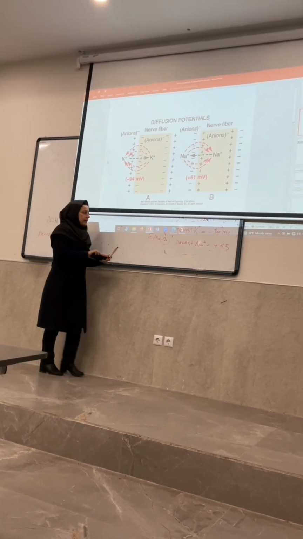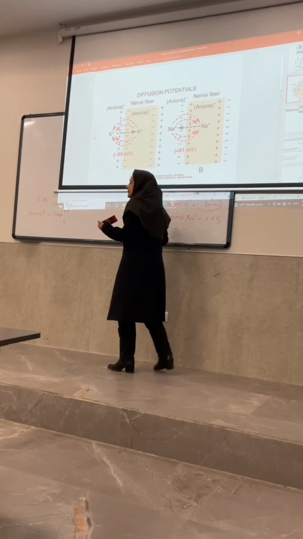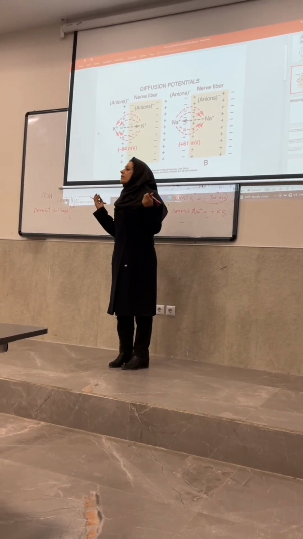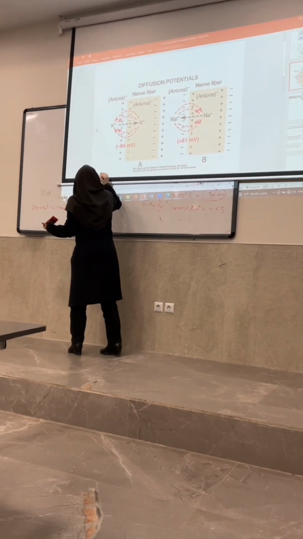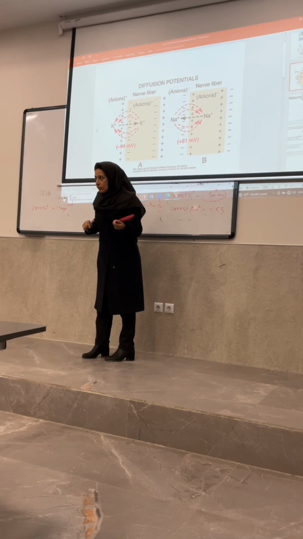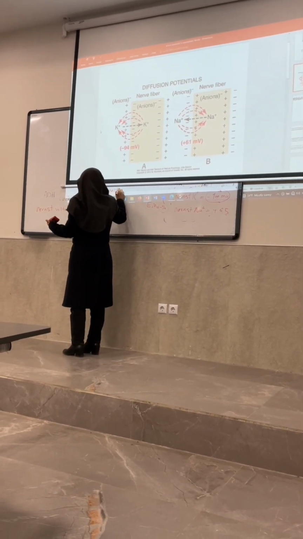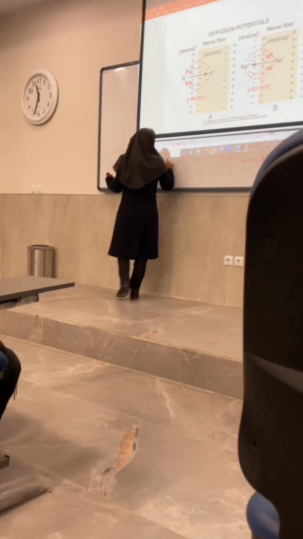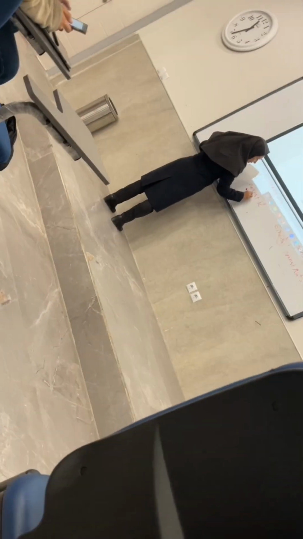The Nernst equation for potassium is more negative, and this is an ideal number for potassium. It's not reality. The reality is minus 90, which you can record. So this is the actual number of EM, and the Nernst equation of potassium is ideal.